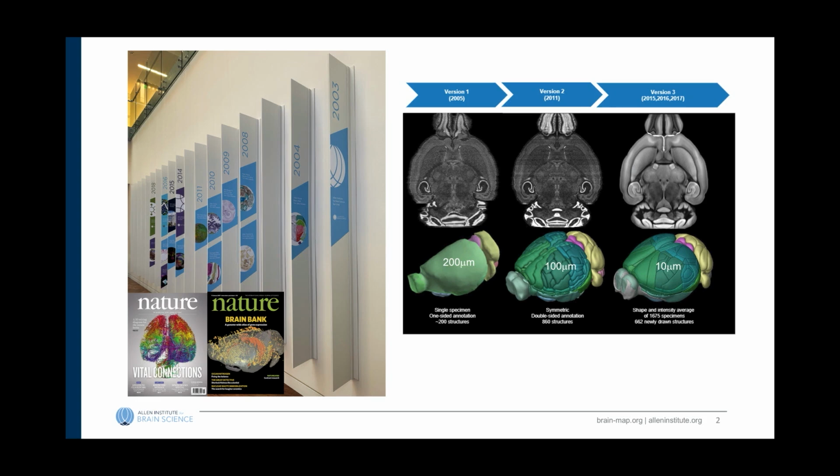Our very first Common Coordinate Framework actually came out in 2005. It is from a single mouse, the same one as the Allen Reference Atlas. At that point in time, we had it at 200 microns. It matched our sampling density for our ISH, and there were only about 200 structures because each of these plates were hand-drawn.